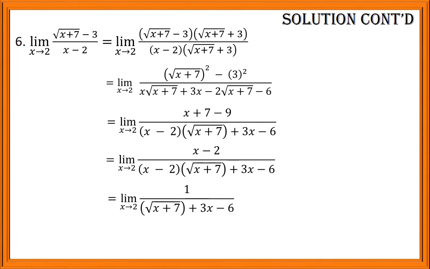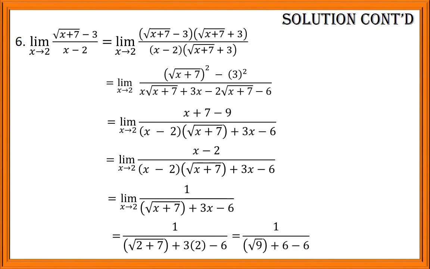Now, since we have simplified the rational function, we can now put in the value of x. So replacing x by 2, we now have 1 over square root of 2 plus 7 plus 3 by 2 minus 6. This will be equal to 1 over square root of 9 plus 6 minus 6.